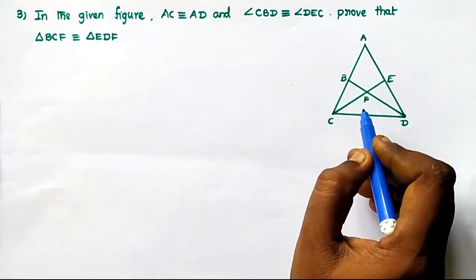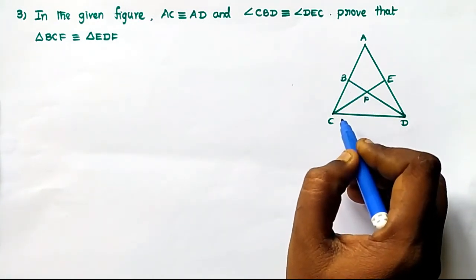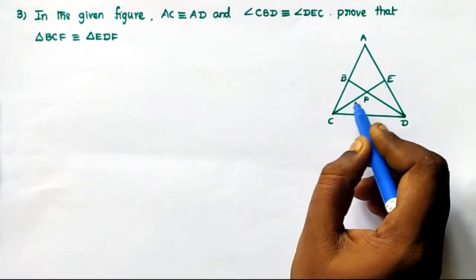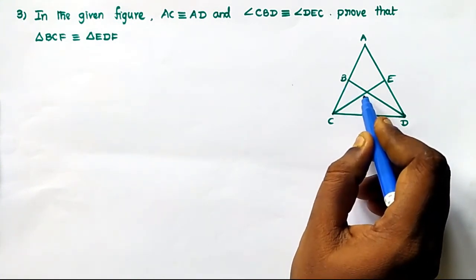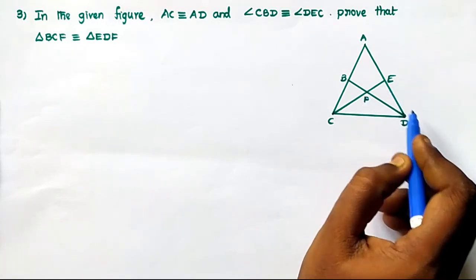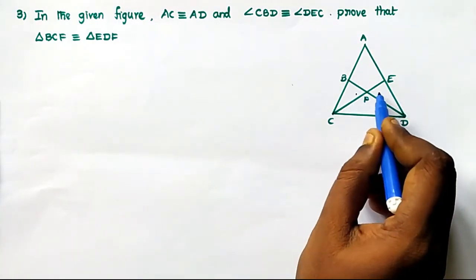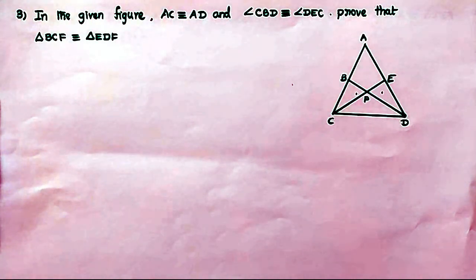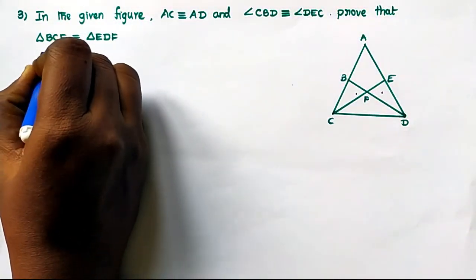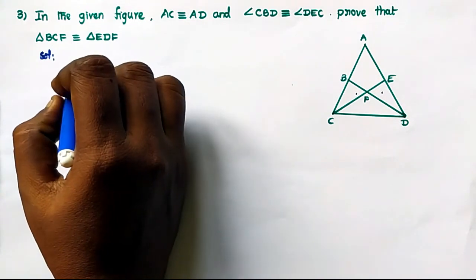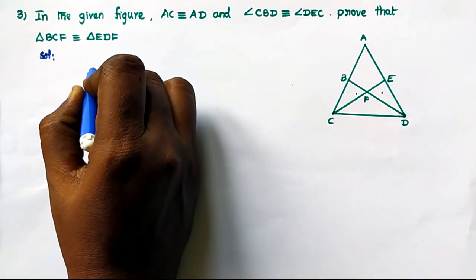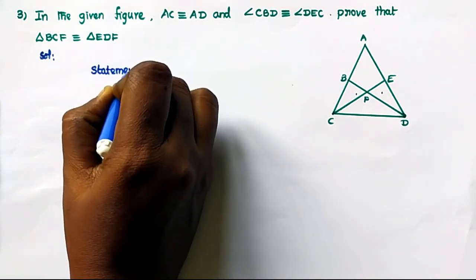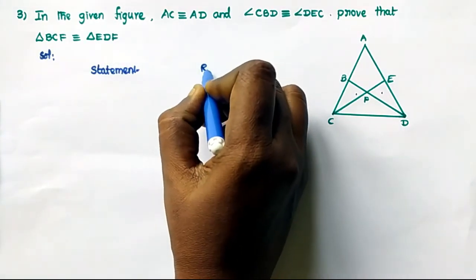We want to prove that these two triangles are congruent. Okay, now next, what is the first step? Statement and reason.